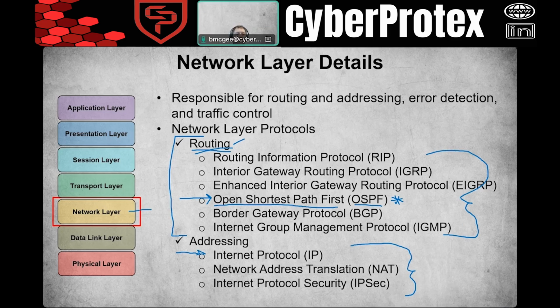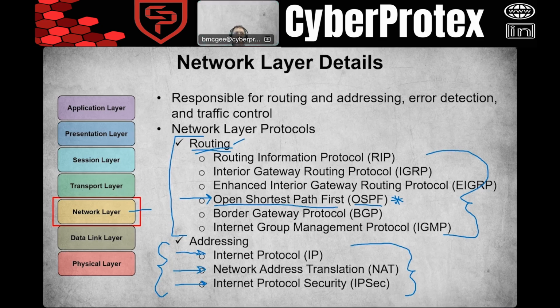And if you've not done any IP addressing before, then put your seatbelt on. We're about to go for a little ride. If you don't know what NAT is, then I would definitely make a note card, look that up. And we'll be talking more about IPsec later on this afternoon, but definitely know these three like the back of your hand.